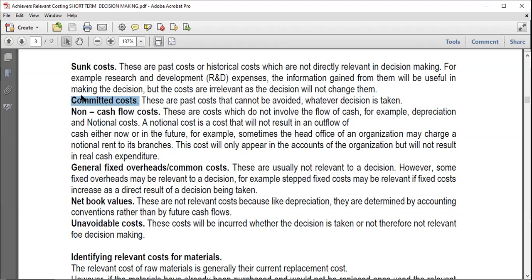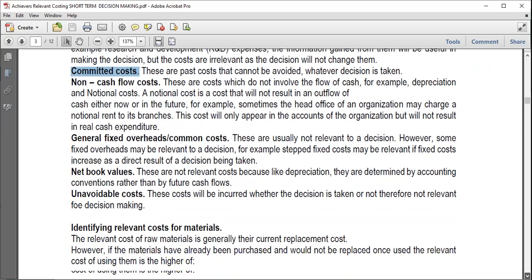So unavoidable costs are not part of your decision, and they are considered irrelevant. The difference is that unavoidable costs can also be futuristic, but they are not dependent on the decision. Either you make the decision or not, you still have to incur such costs.